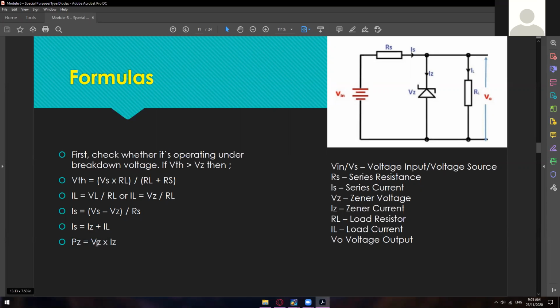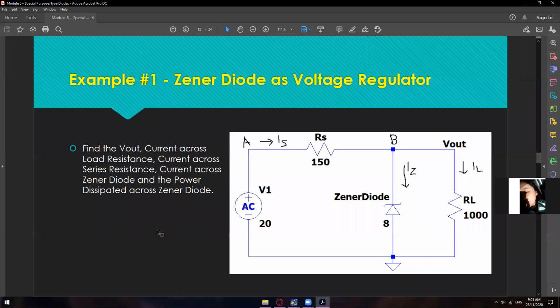So PZ is equal to VZ times IZ, wherein VZ is our Zener voltage and IZ is our Zener current. For now, you don't need to memorize this one, just familiarize how to solve certain missing values. So for you to be able to appreciate this one, let's move on to the example.